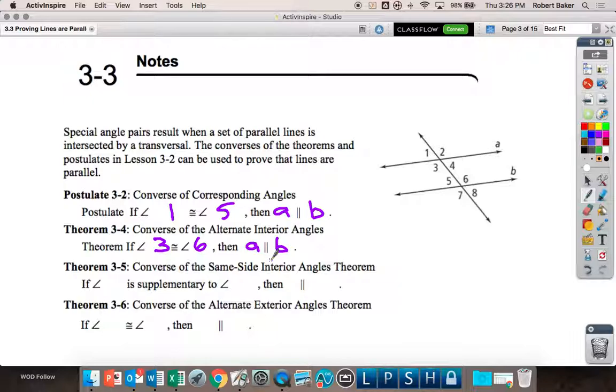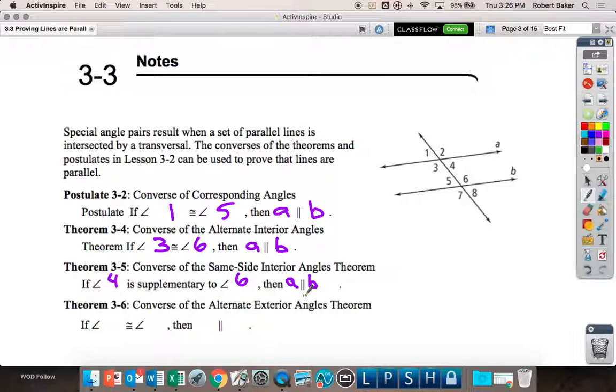Now, this one's just a little different. These are same side interior angles. So 4 and 6, if 4 is supplementary to 6, which means if 4 and 6 add up to 180, then you can conclude that A is parallel to B. You're making the same conclusion every time.